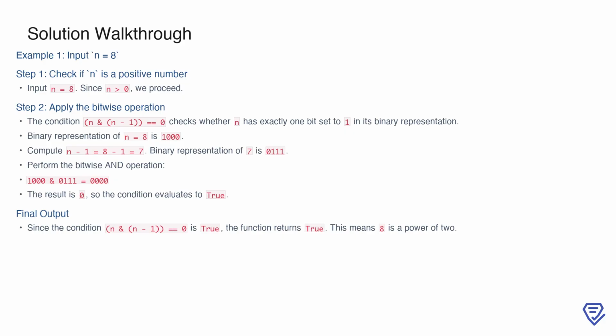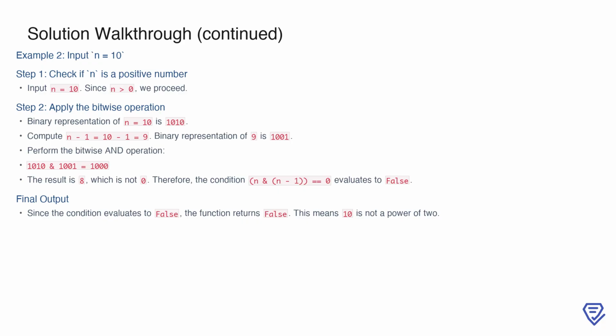The binary representation of 8 is 1000. Subtracting 1 from 8 gives 7, which in binary is 0111. When we perform the bitwise AND operation between 1000 and 0111, the result is 0000. This result equals 0, meaning the condition evaluates to true. Therefore, the function concludes that 8 is a power of 2 and returns true.